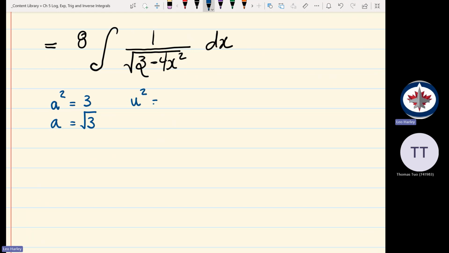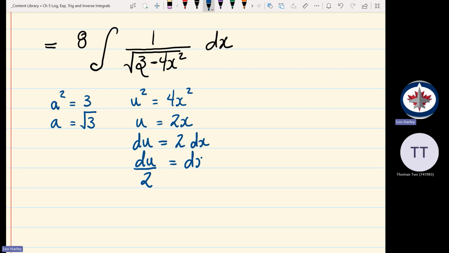U squared shall equal 4x squared, so u itself shall be 2x. Now I have to be careful. This is what I forget. We still need to generate du. And when we generate du, is it not equal to 2 dx? And if we want to have the proper replacement, do we not need to create du over 2 for dx alone?